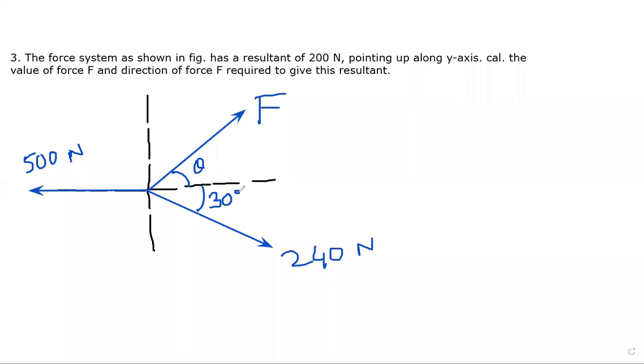This force system is given and the resultant of this force system is 200 Newton, which is not shown in this figure, but it is mentioned in the numerical.